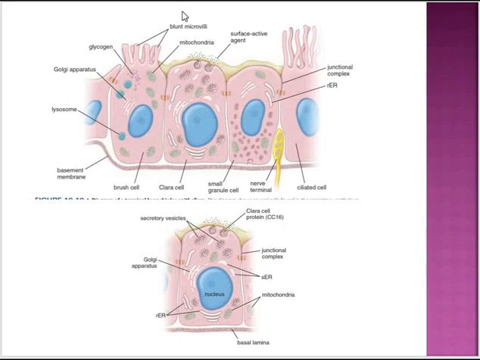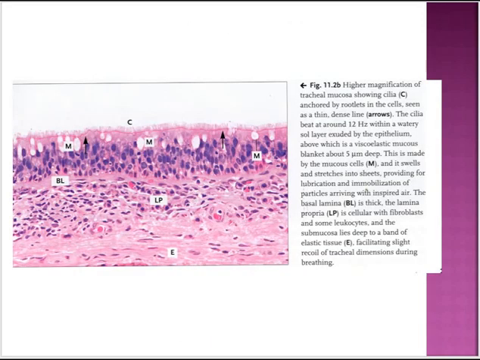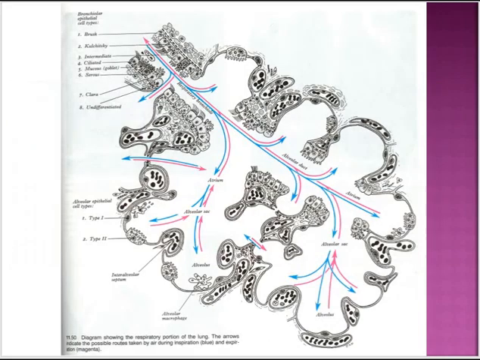Their narrow lamina propria is surrounded by some smooth muscle cells. Let's look here at the continuation of the terminal bronchioles, and they will lead to the respiratory portion of the respiratory system.